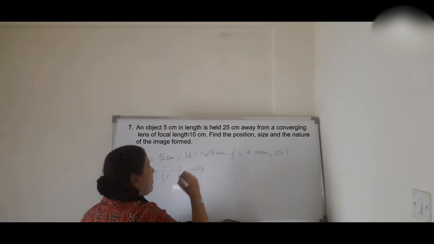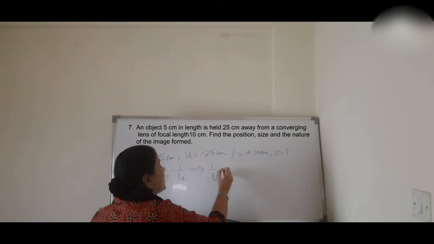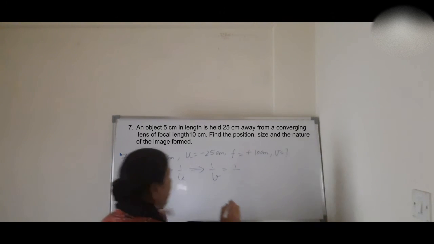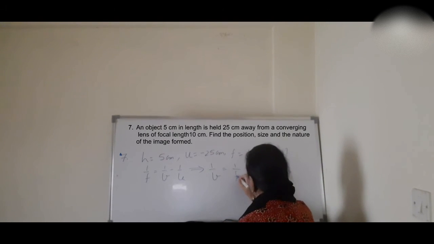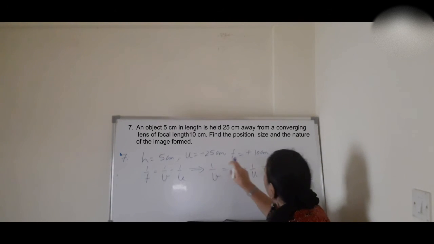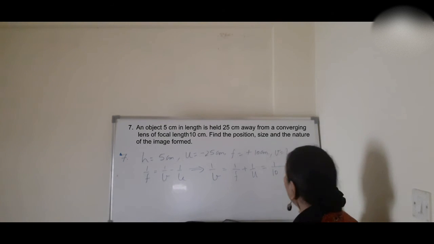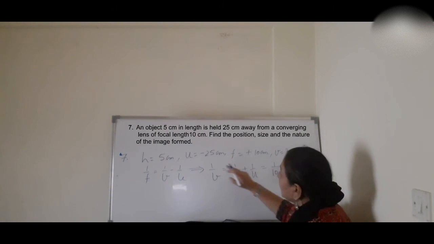What do we have to find? v. So 1 upon v is equal to 1 upon f plus 1 upon u. 1 upon f is given as 1 upon 10 plus 1 upon u, that is 1 upon minus 25.